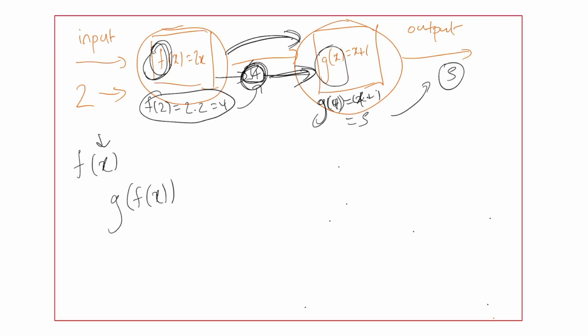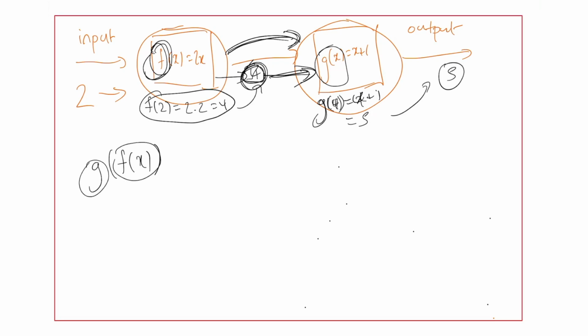So f is an input to g. Great! We wrote it here. Instead of x being the input, f is now the input. That's how you write composite functions. g of f of x. This is a composite function. It's made up of two functions where one is the input to the other. So now we have a better idea of what composite functions are, and we have a mathematical representation.